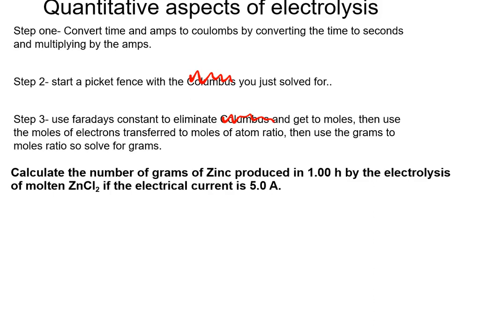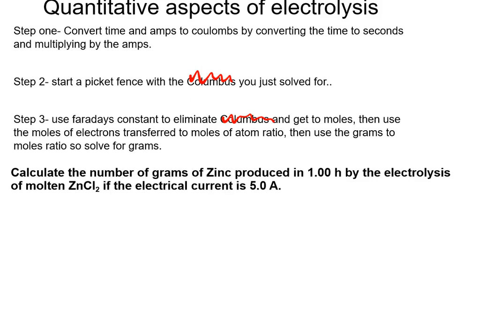We did it in the all-in-one picket fence, and that was fine. That wasn't what I screwed up on. But it probably is cleaner and easier if you just take your amps and multiply it by time, and that will give you coulombs. And then number 2, you start with that number you just solved for as coulombs.